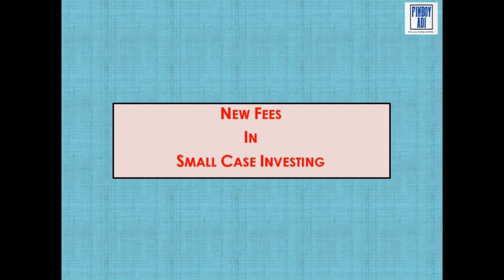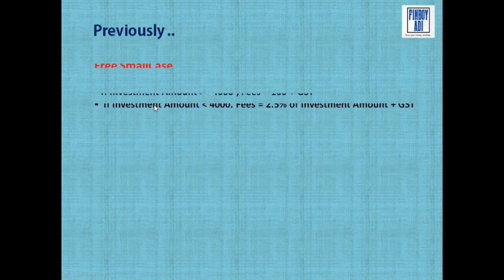Before we go to the new transaction fees, let's first understand the current fees you have to pay. Let's say you are paying for free Smallcase investing. If your investment amount is greater than 4,000, then you have to pay a one-time fee of 100 plus GST, which will be around 118 rupees.